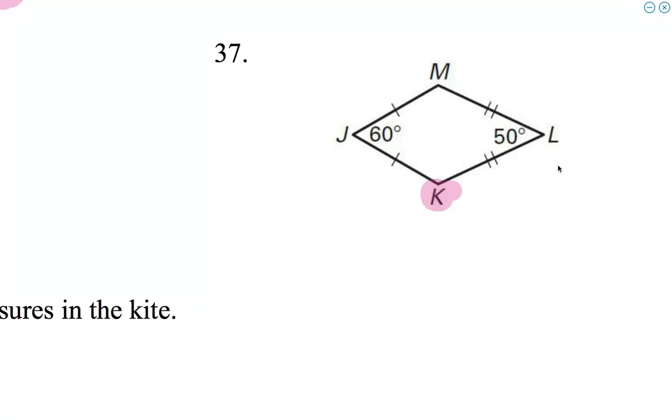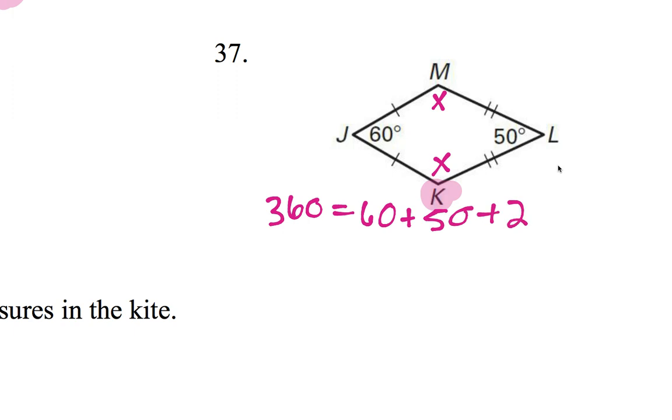Angle K. We know they all add up to 360, and these are going to be the same thing. So 360 equals 60 plus 50 plus 2x.